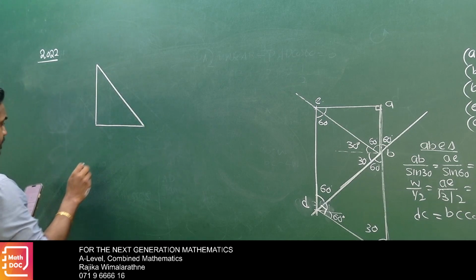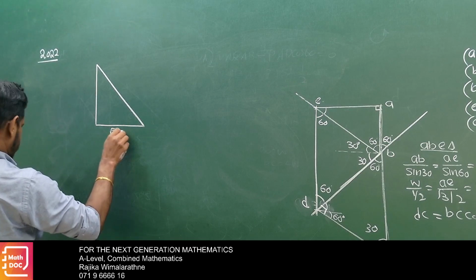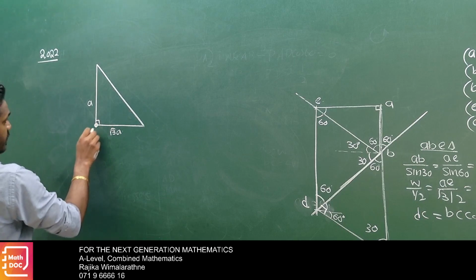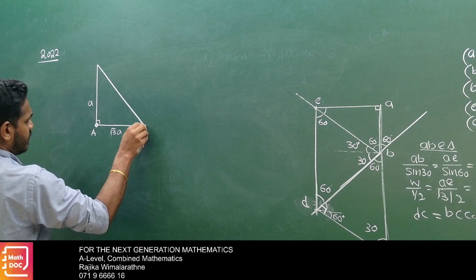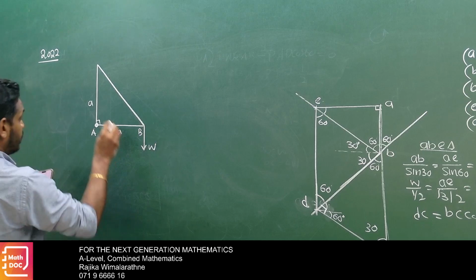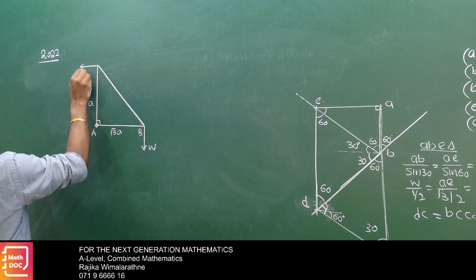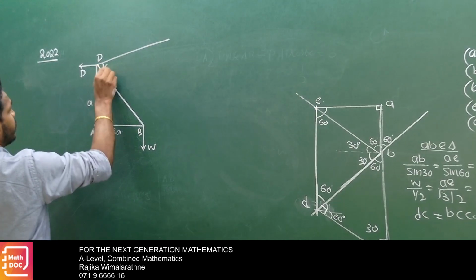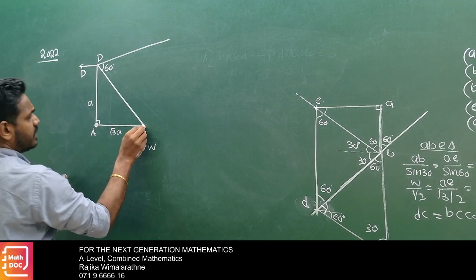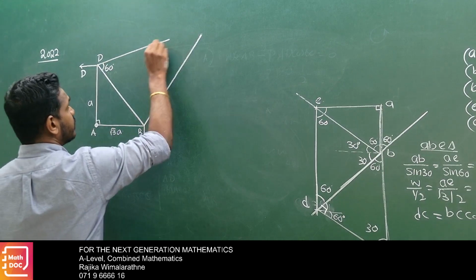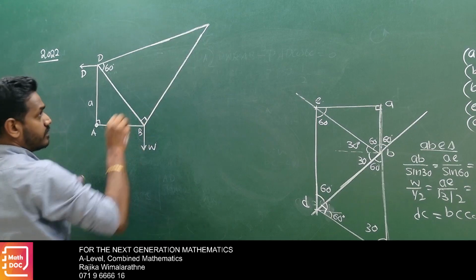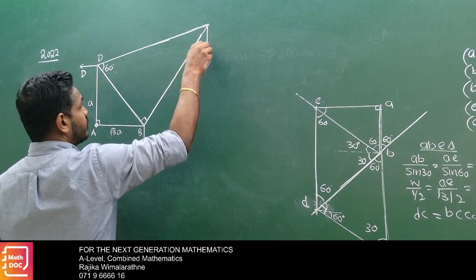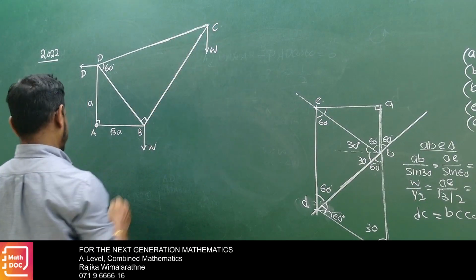Here it is, 3a, 90, a hinge here, A, B, downward W, horizontal P, D, then 60, 90, they meet at this point. Here where W, C.